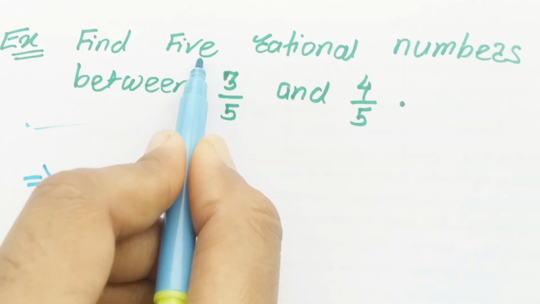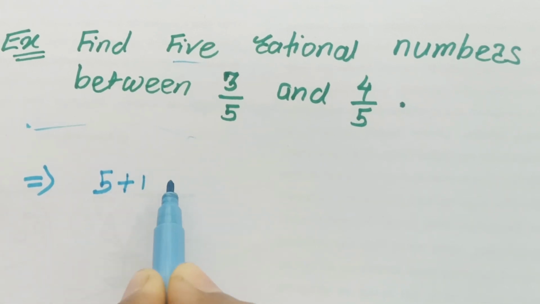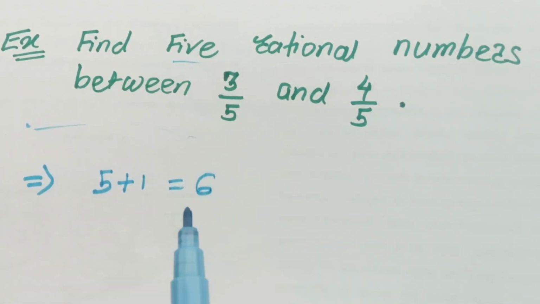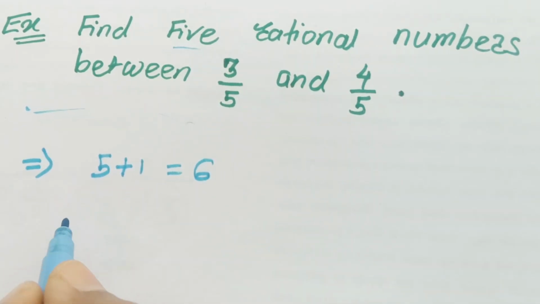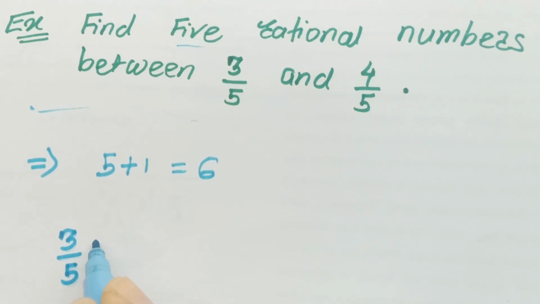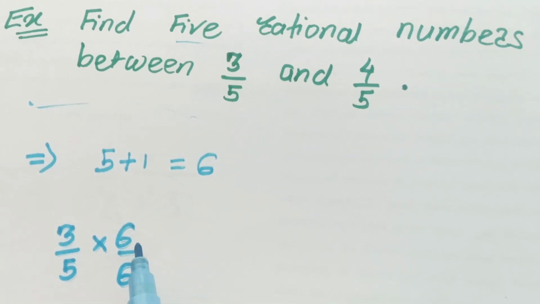Here we have to find 5 rational numbers, so I am taking 5 and adding 1, so we get 6. Now we have to find numbers between 3 by 5 and 4 by 5, so write 3 by 5 here and multiply and divide this number by 6. If we multiply and divide by the same number, our number remains the same.